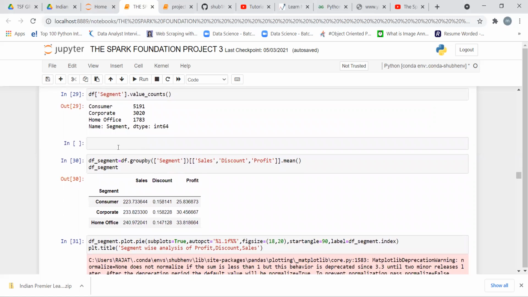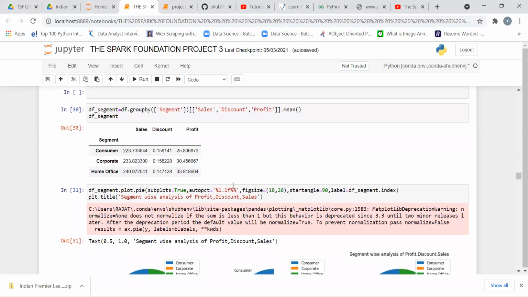Now we group the data with profit, discount, and sales, and also find the mean value. This is the mean value for consumer sales, corporate sales, and home office sales, and the same for discount and for profit.